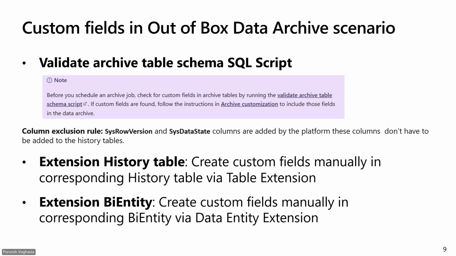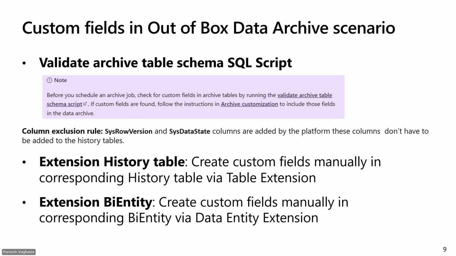You don't need to add these columns into your history table. These columns are used by the archiving framework for archival, and they don't need to be added in the history table. That's one thing to note: when you are doing a manual mapping, ignore these 2 columns. If you use the script that we have posted, we have already excluded these 2 system columns.